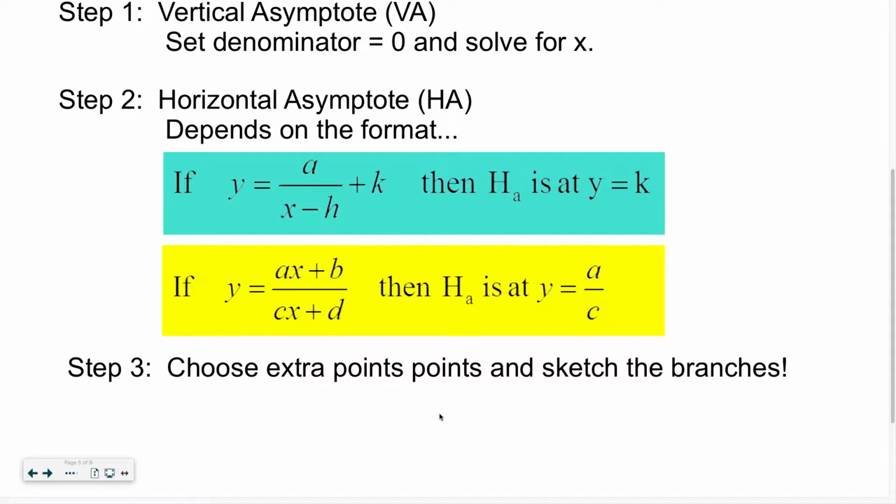It moves your graph up and down. And remember, with our exponential functions, we had horizontal asymptotes. If we moved our exponential function up 3, then our horizontal asymptote also went up 3. So that's going to be true for rational functions as well.